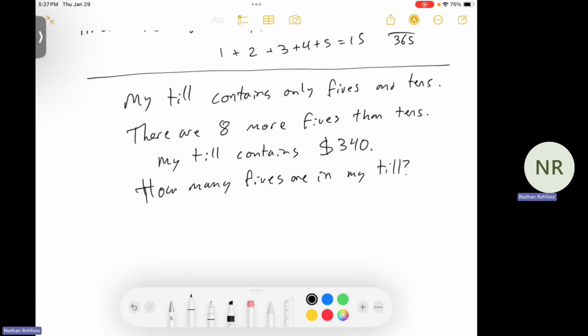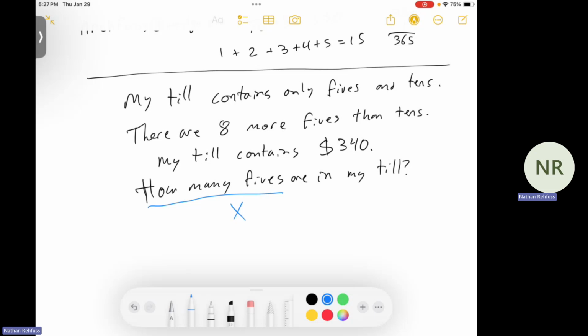And let's start underlining unknown quantities. How many 5s? That's a good question. Say I call it F. Maybe not F. F means something else in math. Let's call it X. X is simple. X 5s. What else do we need to know? What else is unknown right now? That's right.